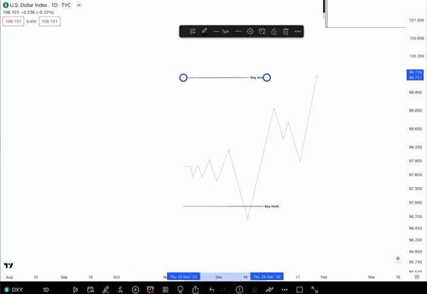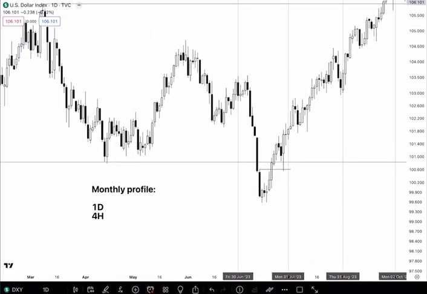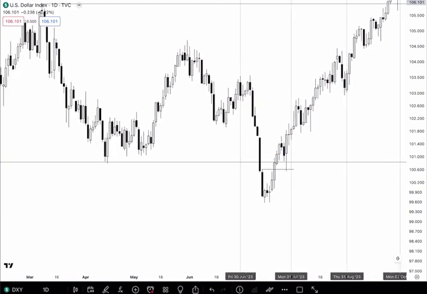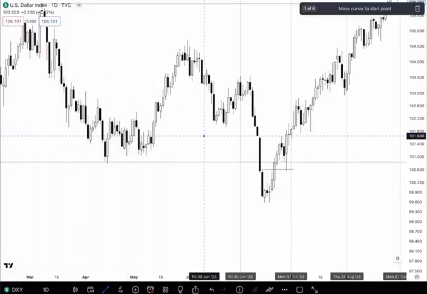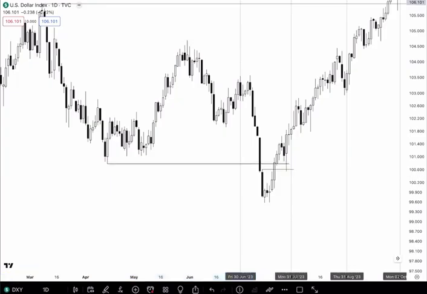Now, applying this to the dollar, which we had seen, we have here the key level, which is the previous month's low into a monthly FVG, right?